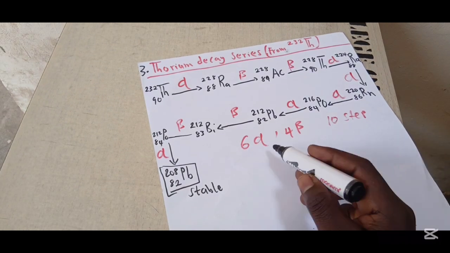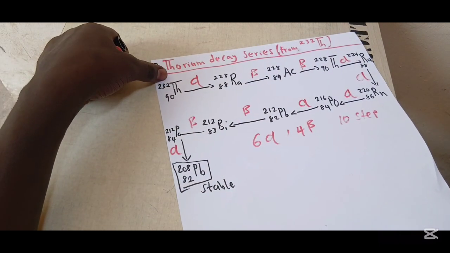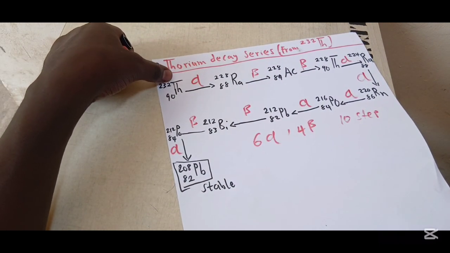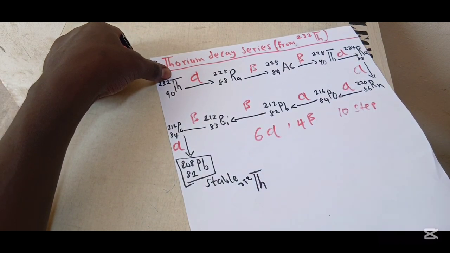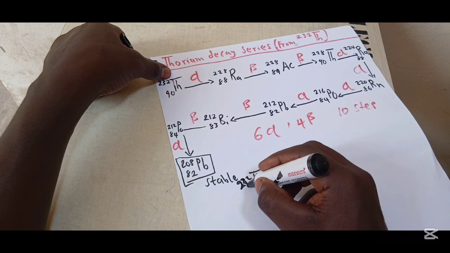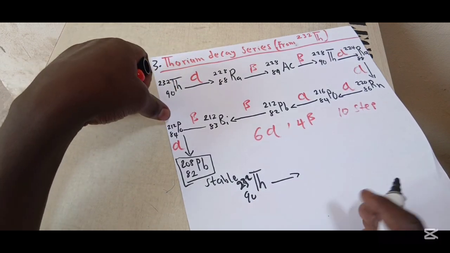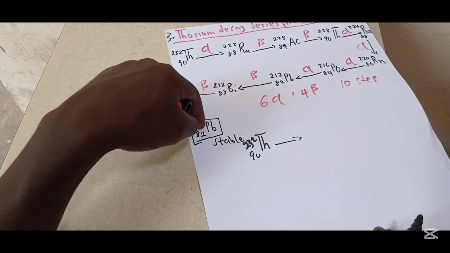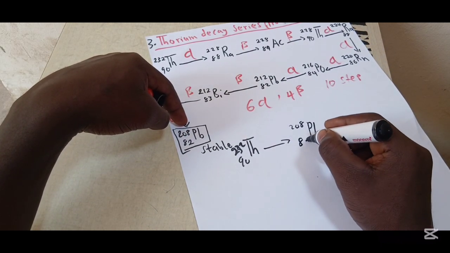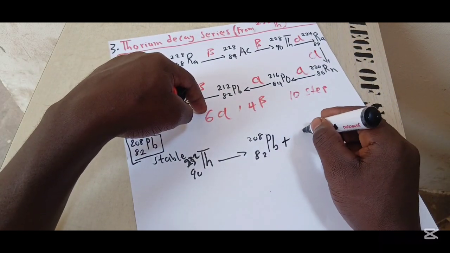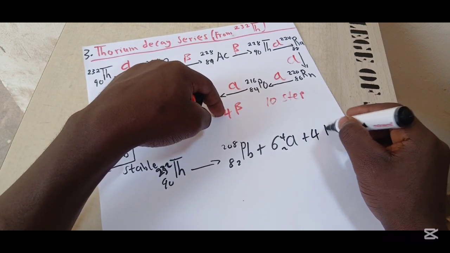So now that we know the total number of alpha particles and beta particles involved, we can write our net reaction. Starting from thorium-232, we have a stable nuclide at the end, which is lead-208, giving us 6 alpha particles and 4 beta particles.